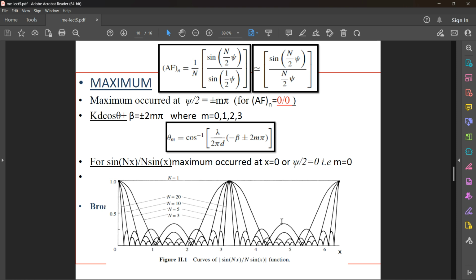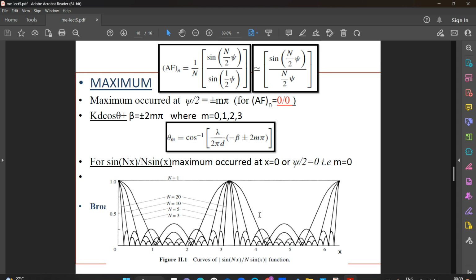So the maximum angle theta m is equal to cos inverse of lambda by 2 pi d into minus beta plus 2 m pi. For the array factor formula sin(N x) divided by N sin x, the maximum occurs at x equal to 0 or psi by 2 equal to 0, that is m equal to 0.